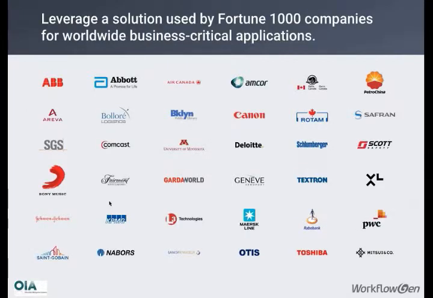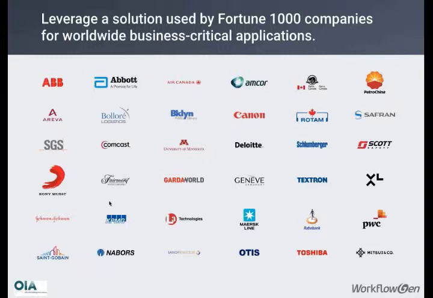We are very proud today to say that we have more than 500 clients all around the world, using our solution today in all industries. So WorkflowGen is used today in North America, in Europe, in APAC.